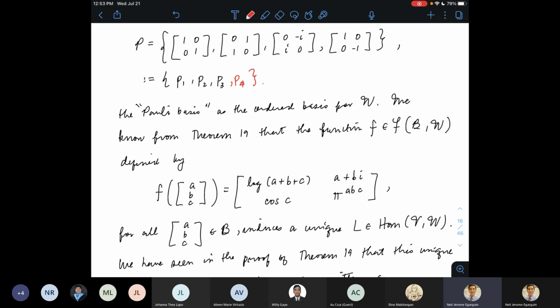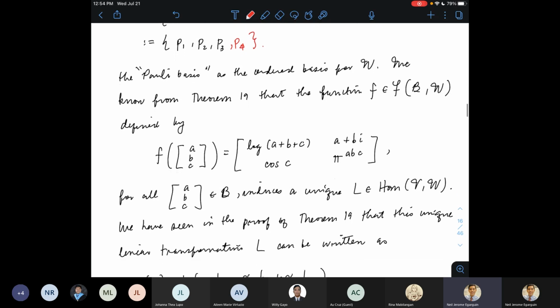So the poly basis. And then we said from Theorem 19, if you have a function that acts on the basis elements, it will induce a linear transformation. So if I say that that function f, which acts on the basis elements, maps them into an element of W, then I will have a linear transformation.